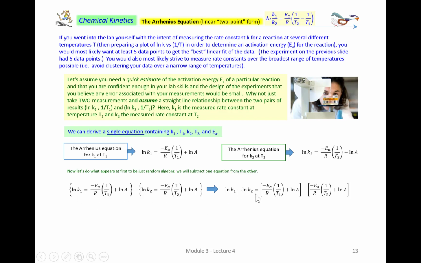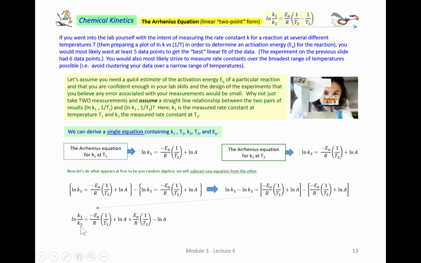And what's on the right of the equal sign would be this term here from the first Arrhenius equation minus the second term here from the second Arrhenius equation. Well, at this point, I'm going to remember that the ln of K1 minus the ln of K2 is equal to the ln of K1 over K2.